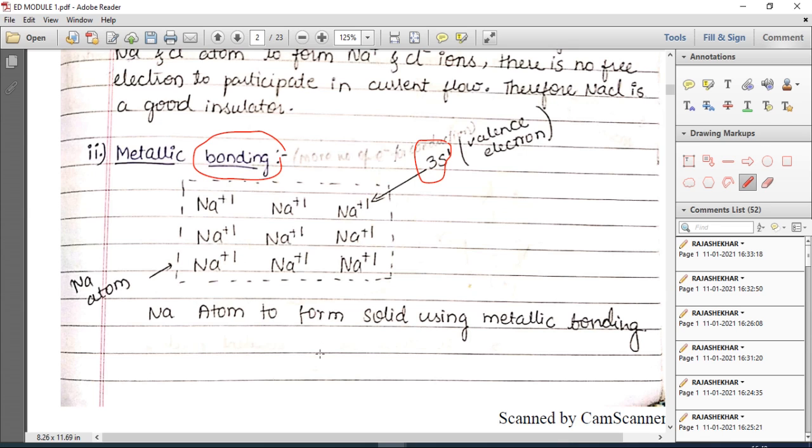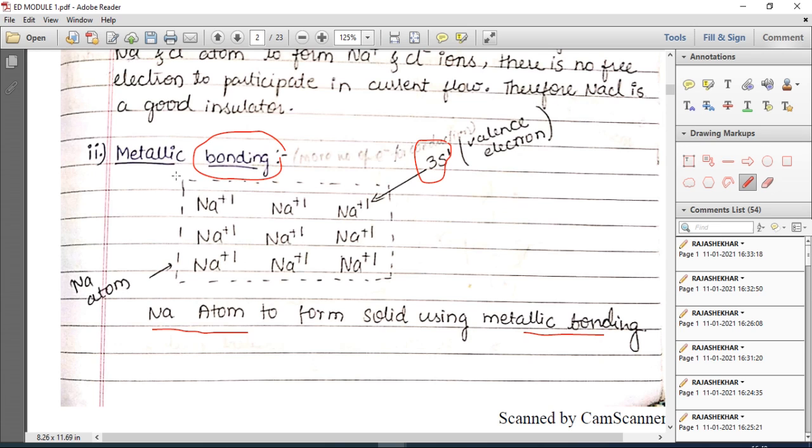Therefore, we can say that Na atoms can be used to form a solid using metallic bonding, and this sodium can be utilized as a metal or act as a good conductor of electricity, or a good conductor for the flow of electrons.